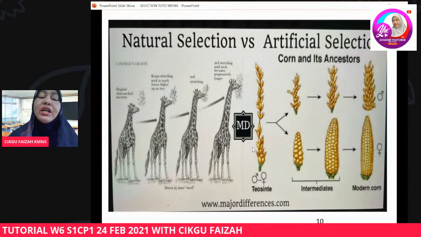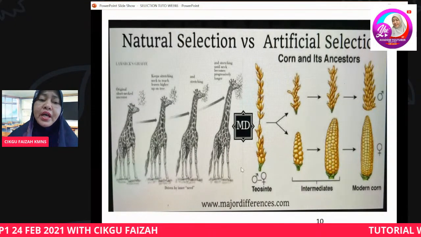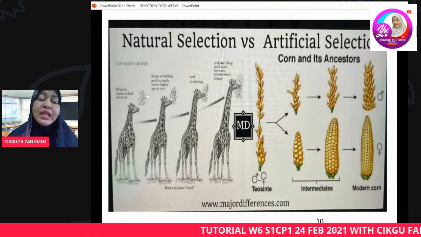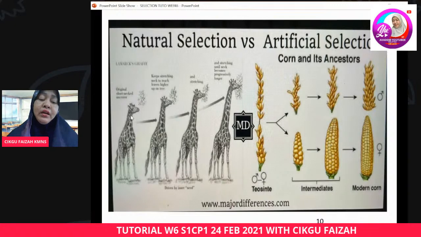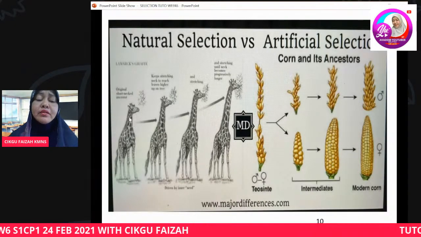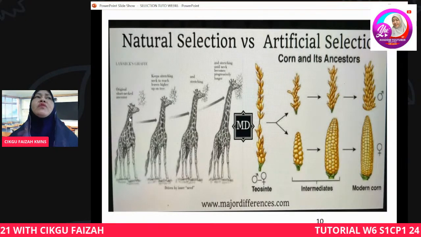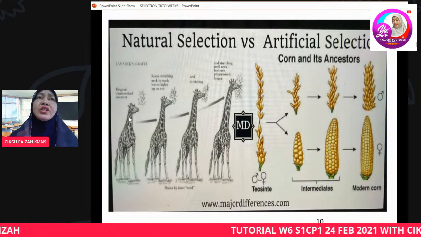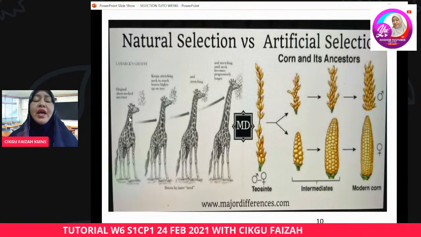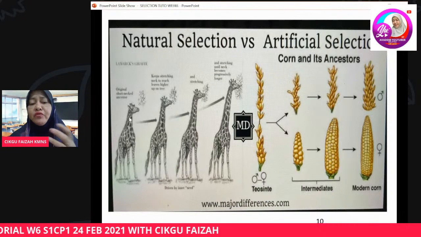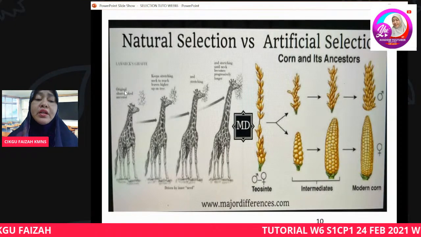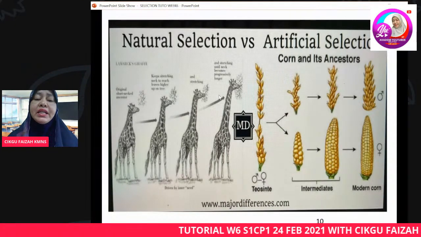Okay, kalau you tengok pada ancestor, the original length of the neck, ancestor of the giraffe actually necknya pendek je, short. But because of natural selection, because of the pressure put on the giraffe population, they have to evolve and adapt to the situation. So daripada short neck, it becomes long neck.